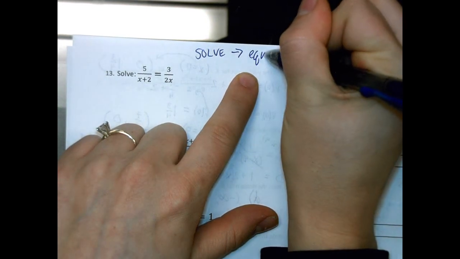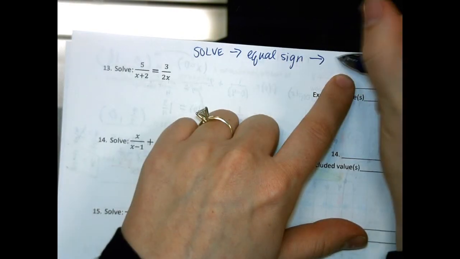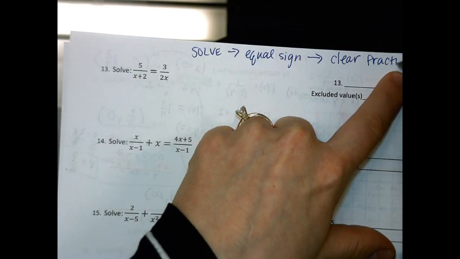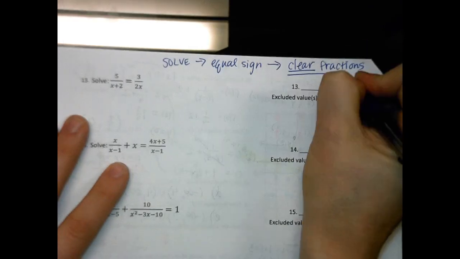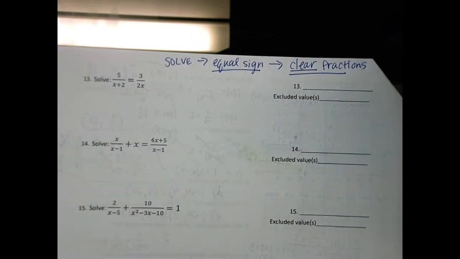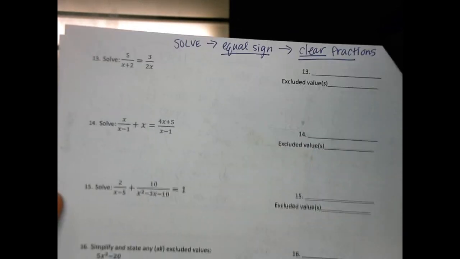You can only solve if you have an equal sign, and if you have an equal sign, you can clear the fraction. You can only clear fractions if you have an equal sign. So on any of the other problems we've done so far, we couldn't do that. But now we can because we have an equal sign.